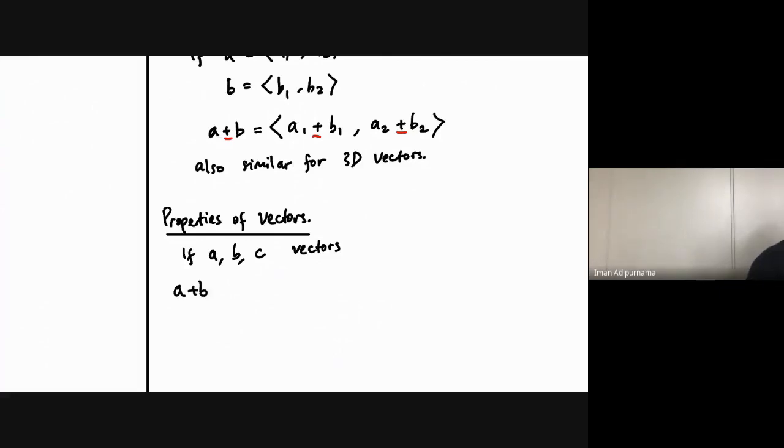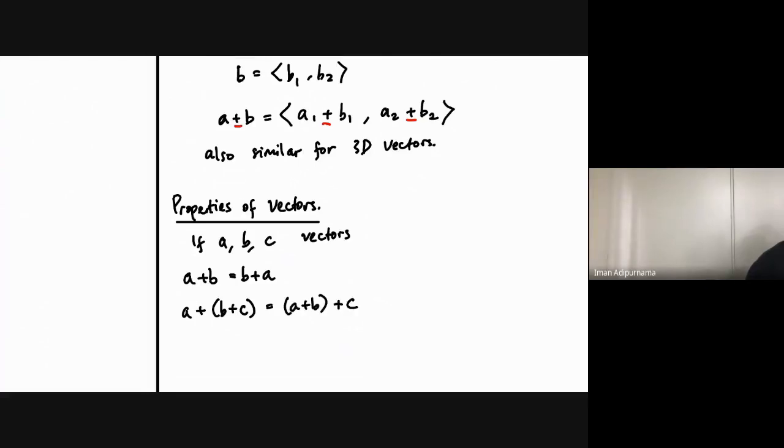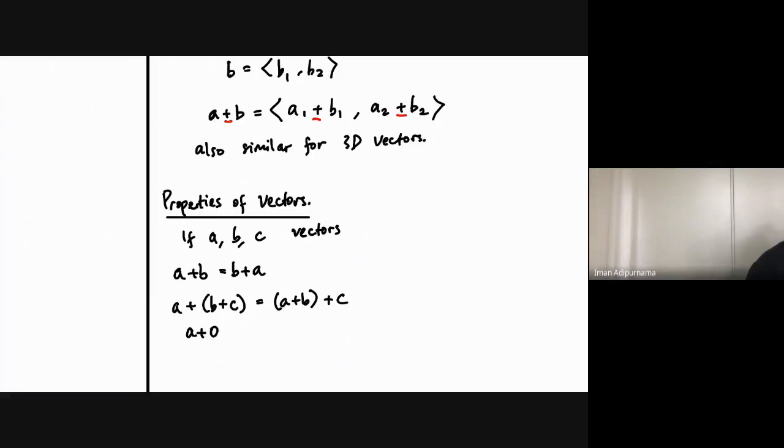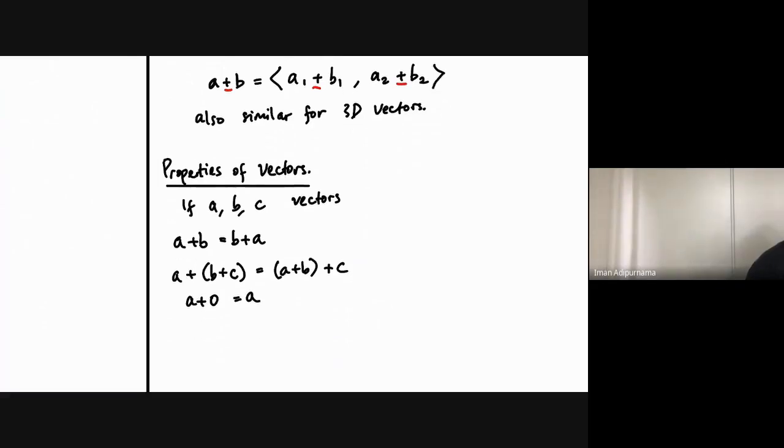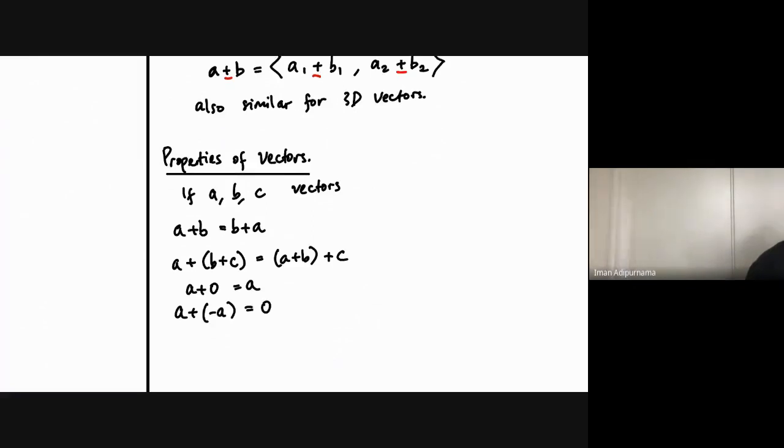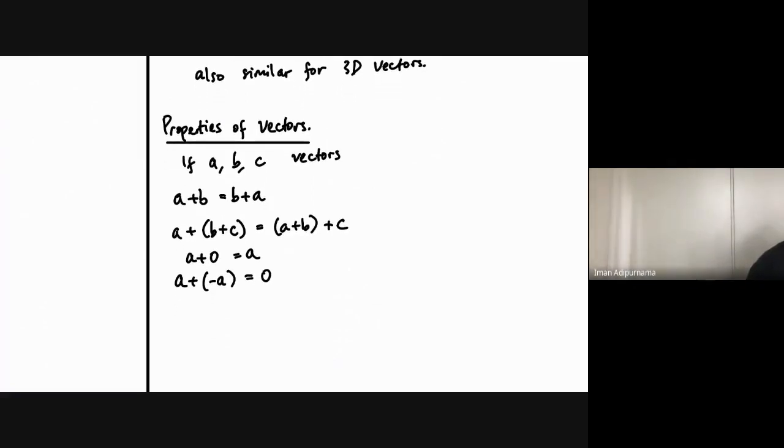So A plus B is B plus A, and most of the mathematical properties, the vector still follows. If a vector is subtracted from itself, then it will be 0.